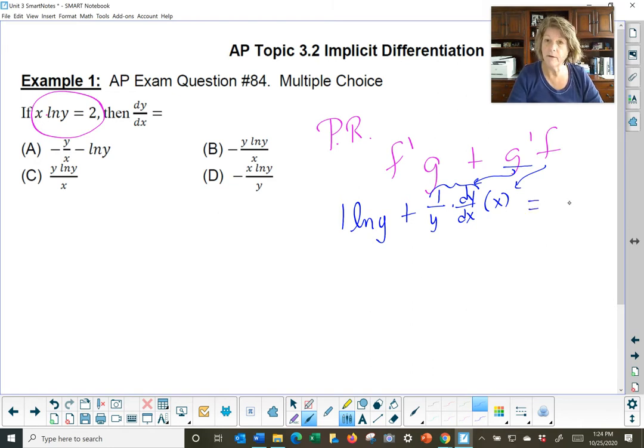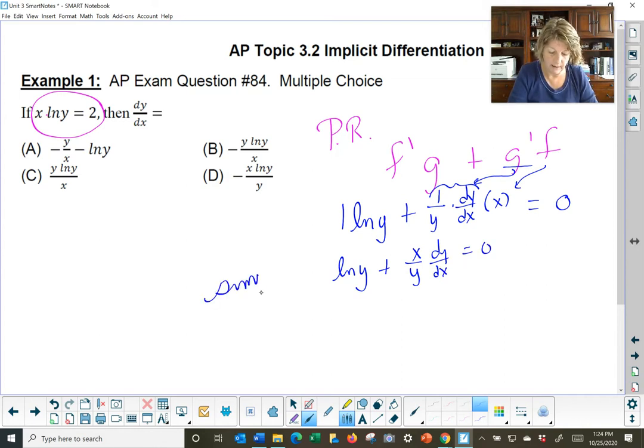Equals, the derivative of 2 is 0. Make sure you don't mess that one up. A lot of people tend to forget and they put down 2 or whatever number sits on that right side. We've seen most of our equations with a number on the right, but that isn't always the case, but it does happen quite frequently. I'm going to get x over y. I'm just making a line that simplifies it and makes it look pretty. So this was just simplifying.